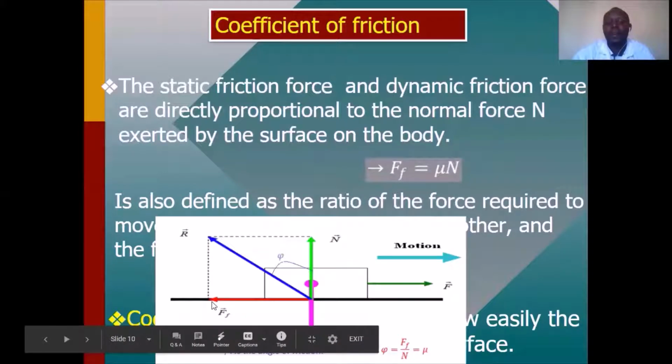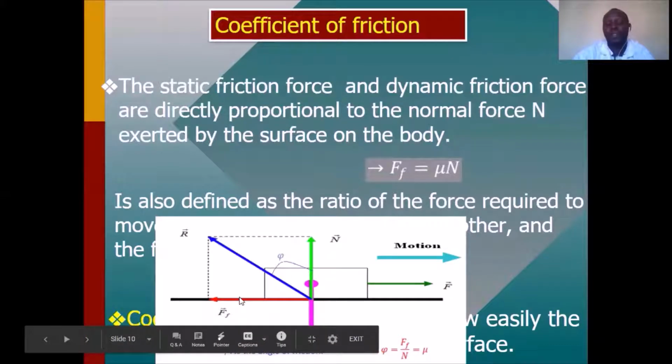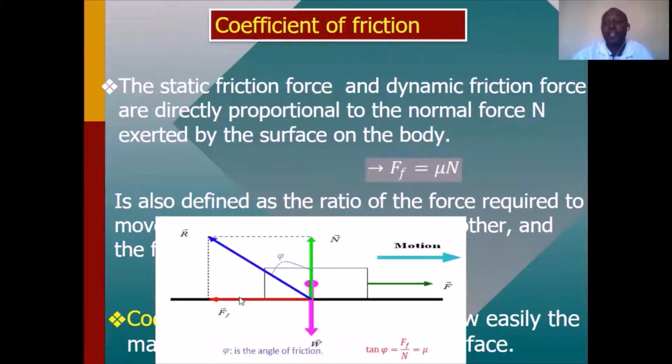When the friction force increases in length, the angle of friction will also increase. When the friction force decreases in length, the angle of friction also will decrease. So this angle depends on the length of the friction force. That's why it is called the angle of friction.